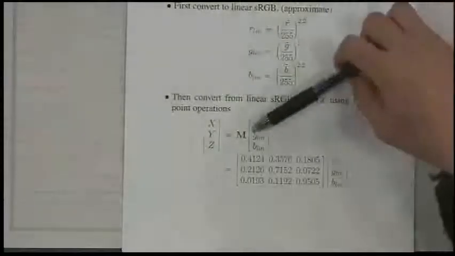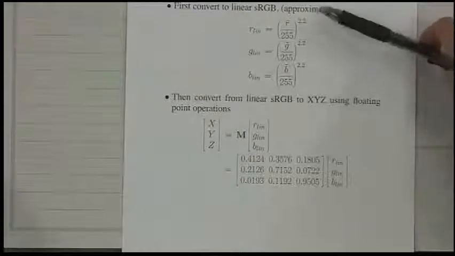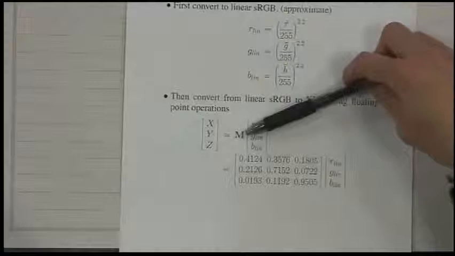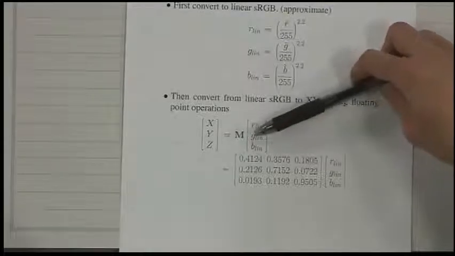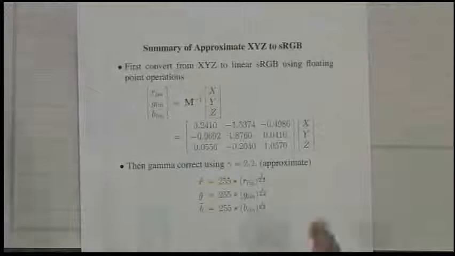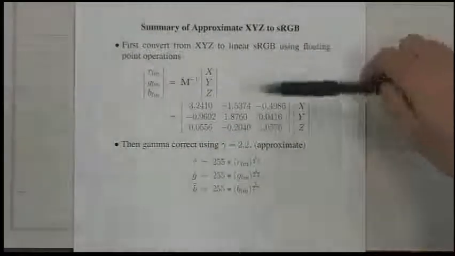Now if we know this M matrix, we basically know how to do the forward transform from sRGB to XYZ. And this M matrix is non-singular, so you can compute the inverse. If we know the inverse of M, we can perform the backward transform, which is done as the following.